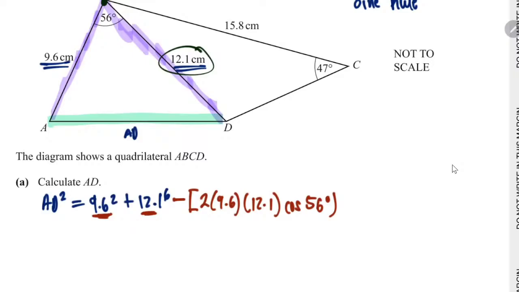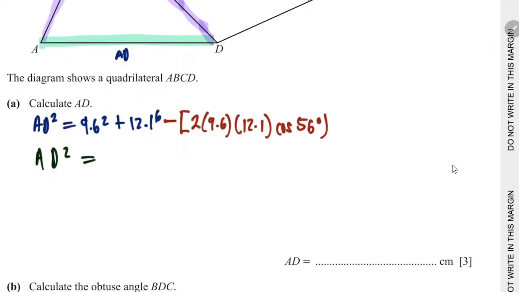So our AD all squared will be equal to, you can punch this right now and tell us the answer. What do you get? Punch it exactly like this. Tell us the answer.